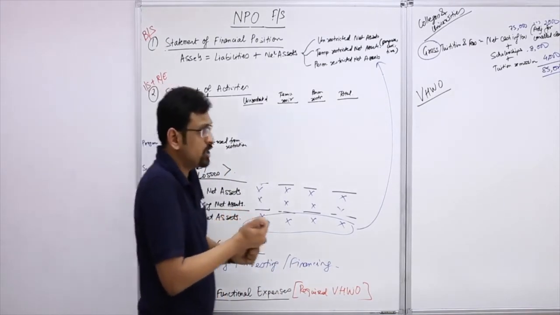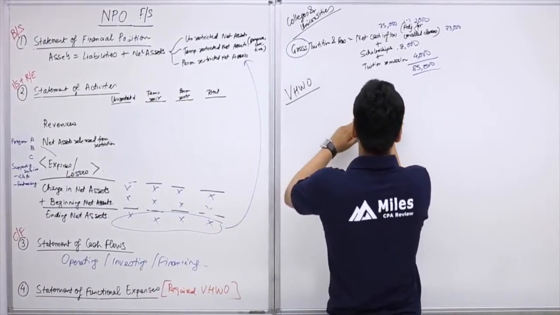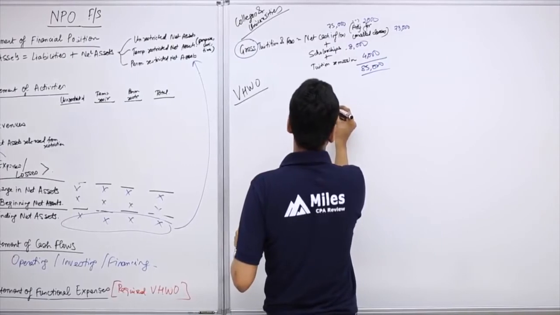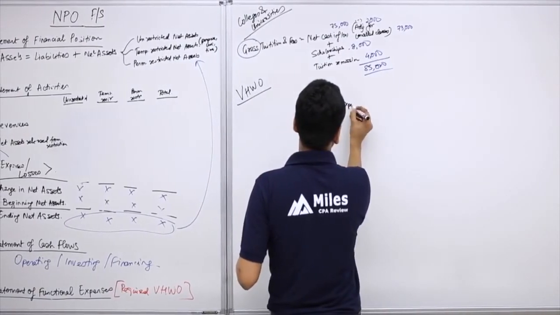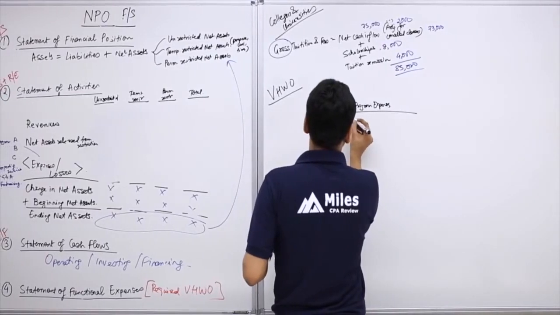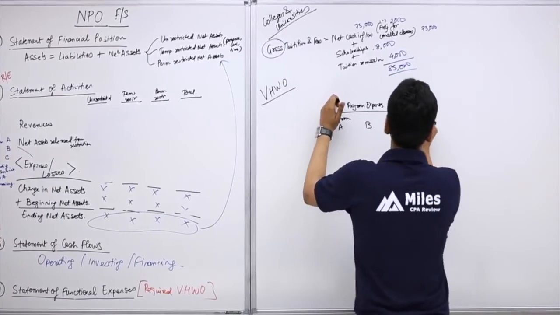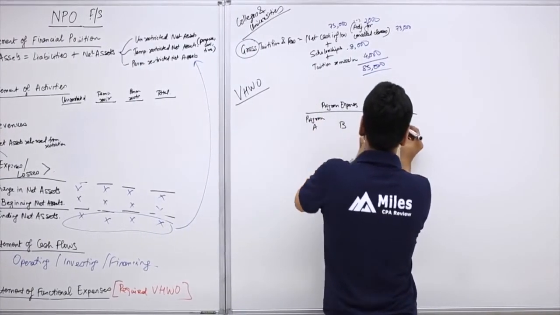Now the way this works is, let's say they have program expenses: program A, program B, program C, with a total of program expenses.